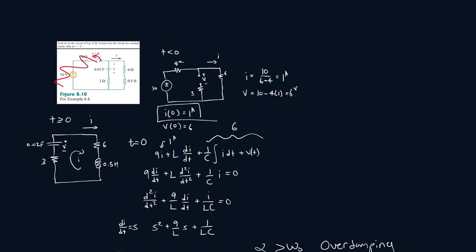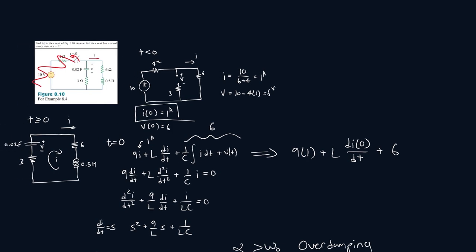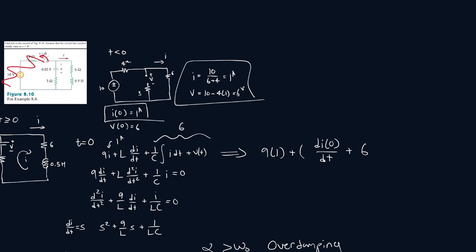So we just have to now solve for di over dt. So we have 9 times 1 plus L di at 0 over dt plus 6. Okay? If you're confused about what I'm doing, we're pretty much using these values to solve for this. And L is 0.5. So after rearranging everything, we should get di at 0 over dt to be minus 6.